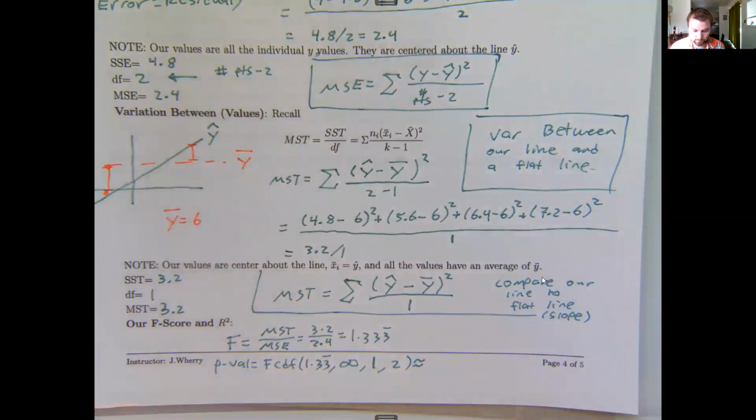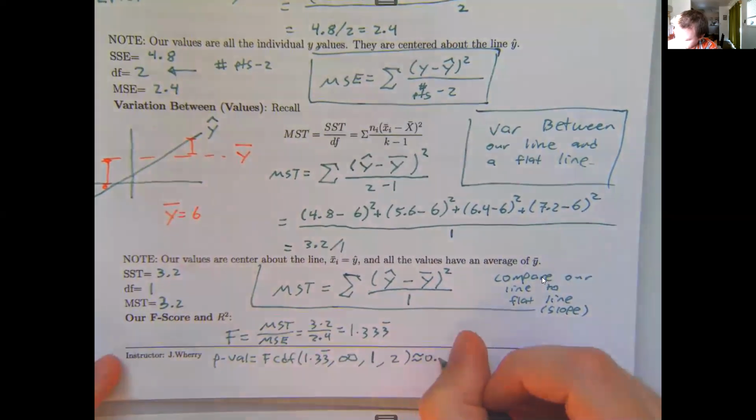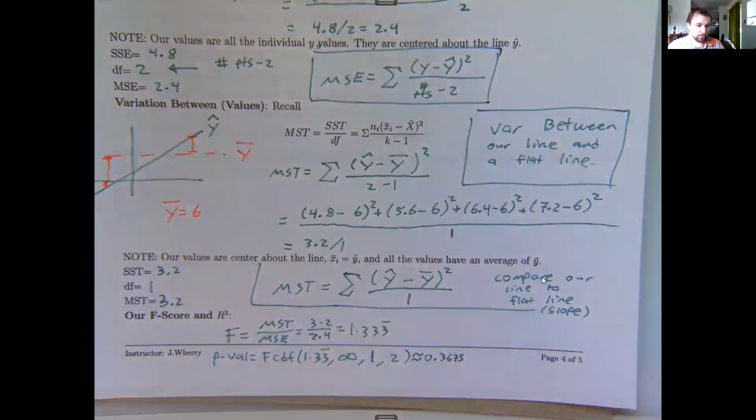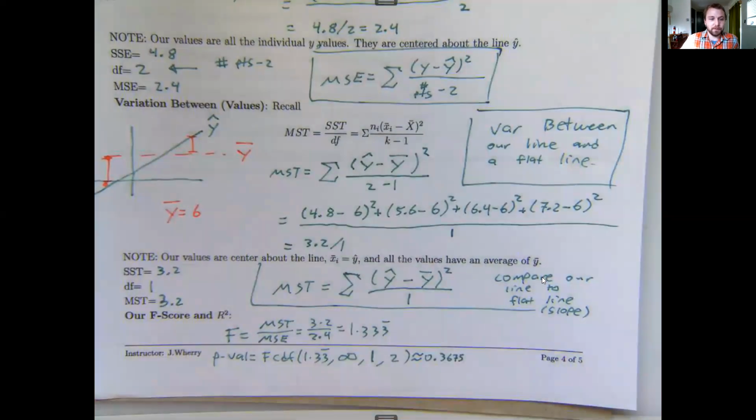I'm doing my FCDF, 1.33 repeating to infinity, 1 for my first and 2 for my second. This gives me a p-value of 0.3675 or so. That's a pretty large p-value. This is telling me, in the context of this problem, that I probably want to fail to reject the null hypothesis.